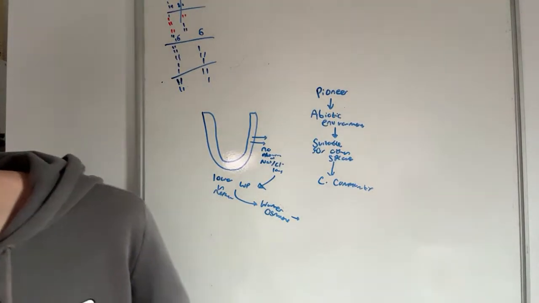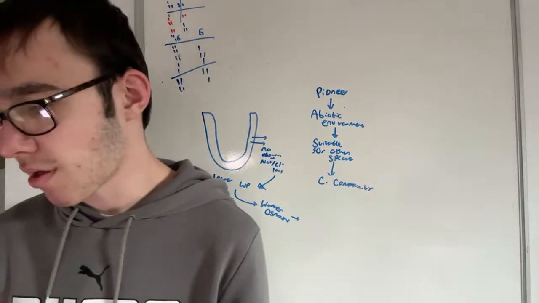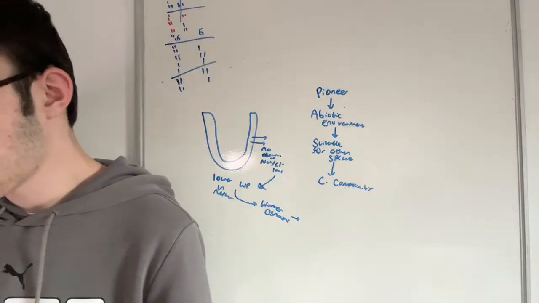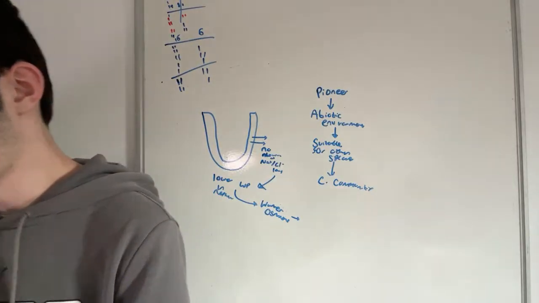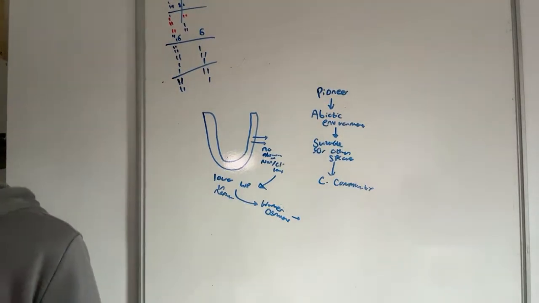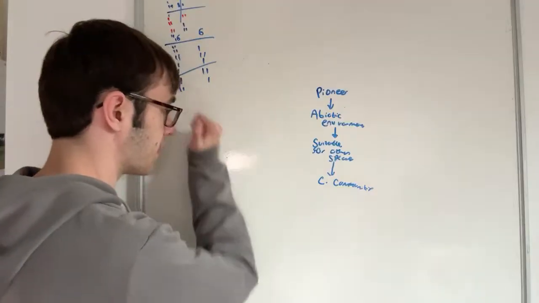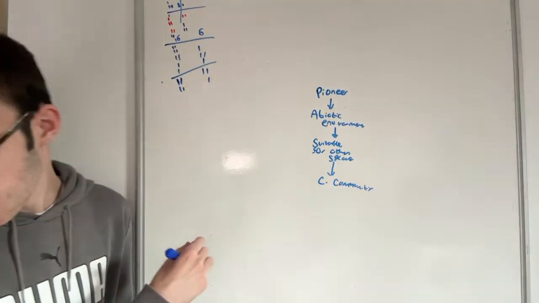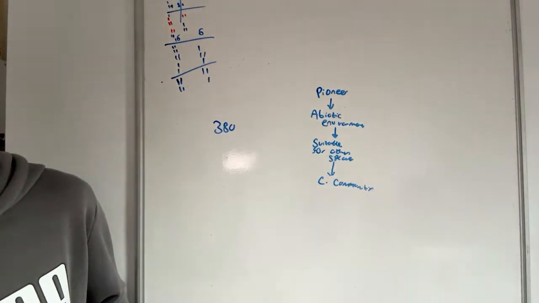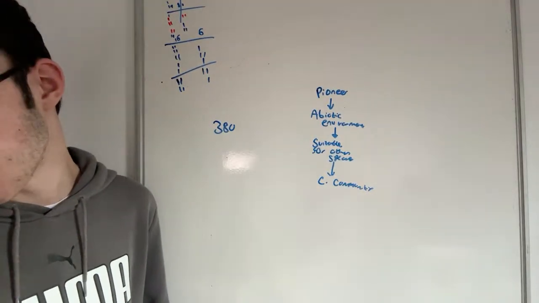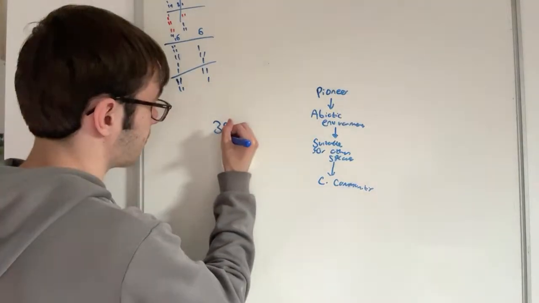Two marks, though. The mean rate of flow of blood plasma is 60%. How much greater is the flow of blood in the kidneys with furosemide than with placebo? So furosemide is 380, mean rate of blood flow into the kidneys, so it's 60%.